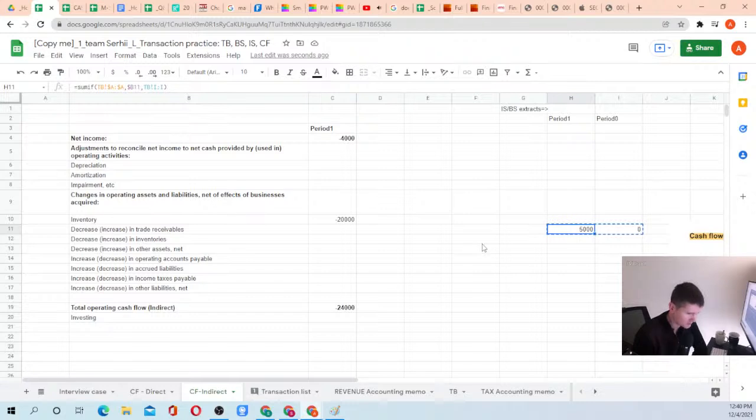If you remember from today's lectures, if our assets increase on the balance sheet, that means that our reconciling item should be negative. If assets increase, that's a negative for reconciliation. If liability increase, that's a positive for reconciliation.